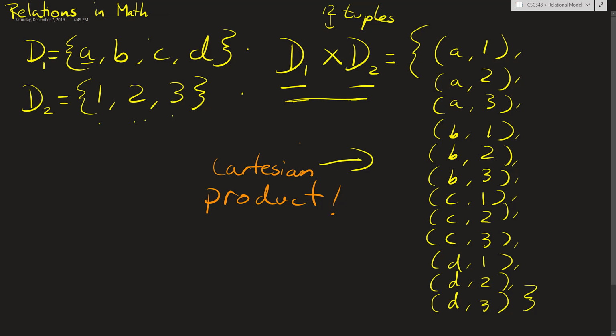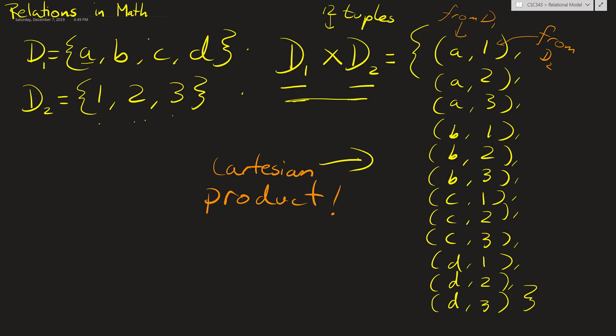The Cartesian product is just every combination of D1 and D2, where the first element is from D1 and the second element is from D2, enumerating all those possibilities and putting them in this set called D1 cross D2. That's the Cartesian product. But now relations are a subset of this Cartesian product.